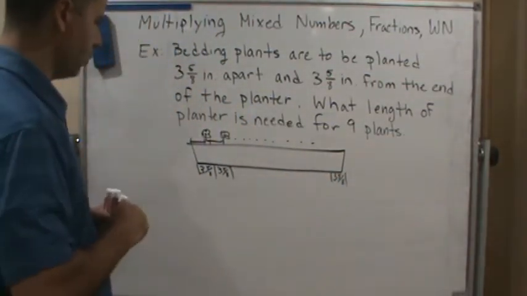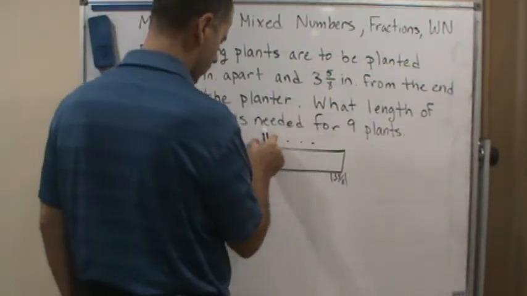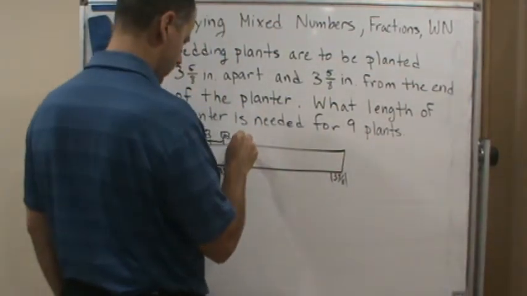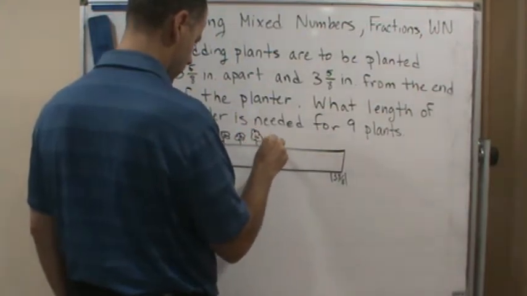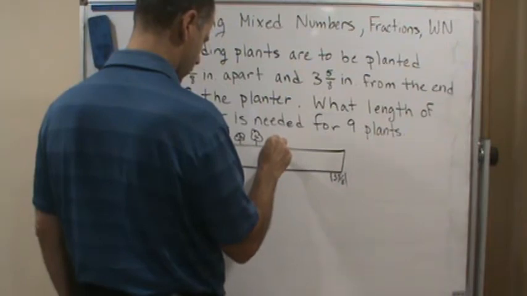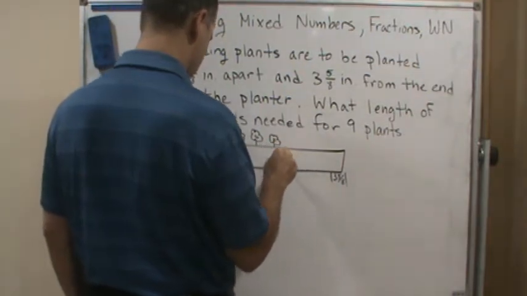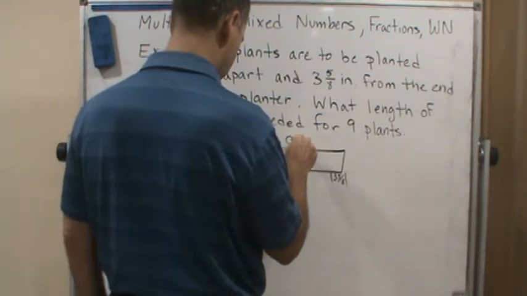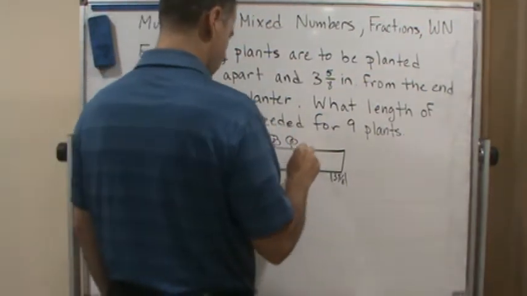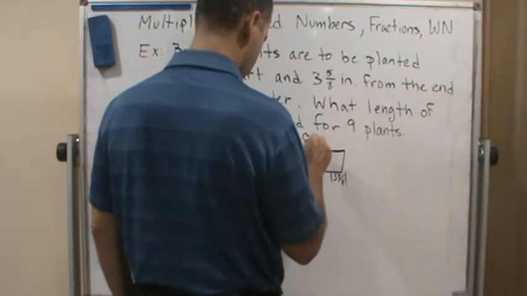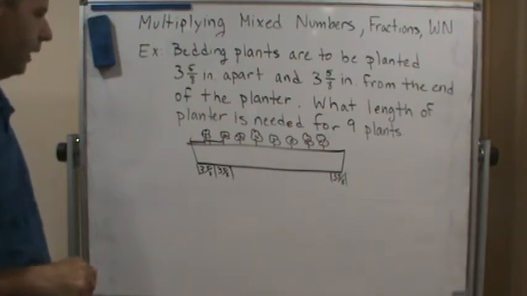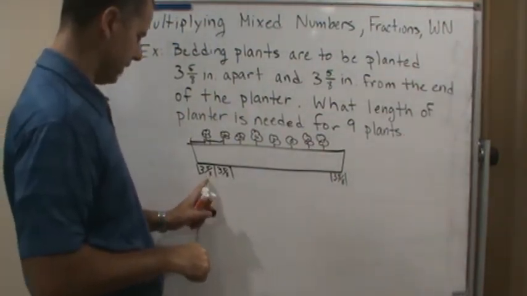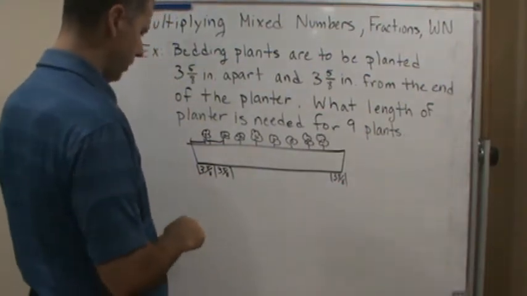Okay, so that goes for here and here. So if we draw 9 flowers, just to get a visual of what's going on. How many 3 5/8 inches do we need to have for 9 flowers?